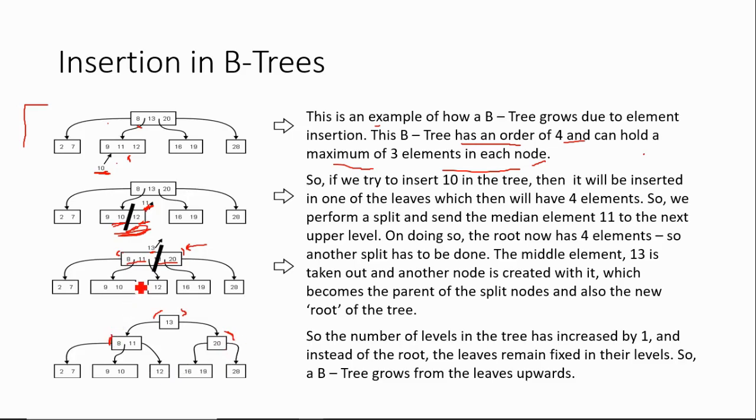And these particular nodes 9, 10 and 12 are the split nodes of the first split that occurred. Therefore, after inserting this 10, a level containing 13 has been added to the tree, because this level was not present in the original B tree.